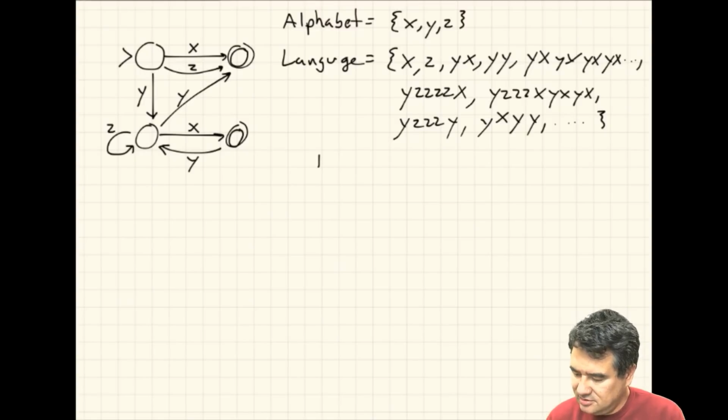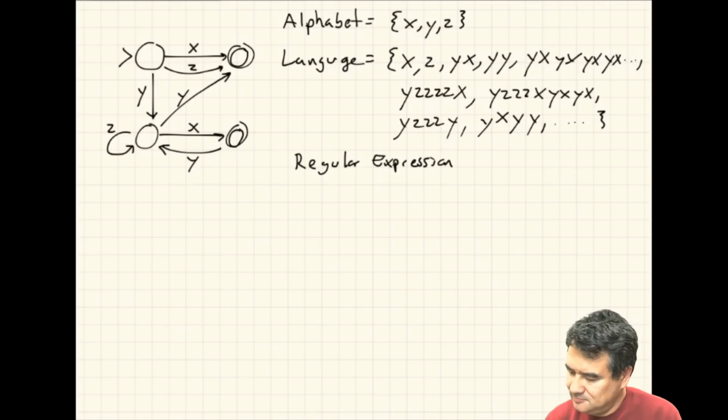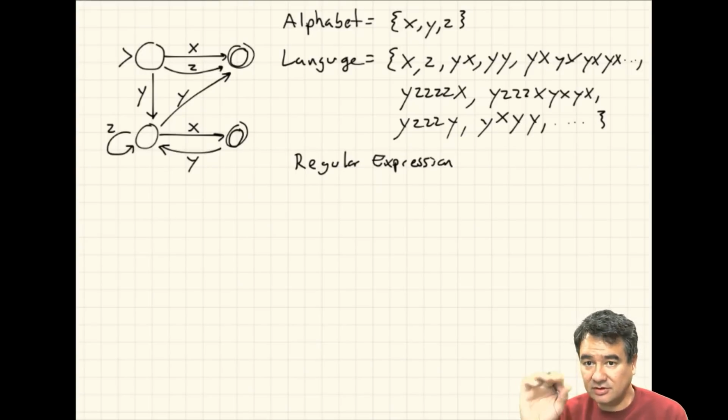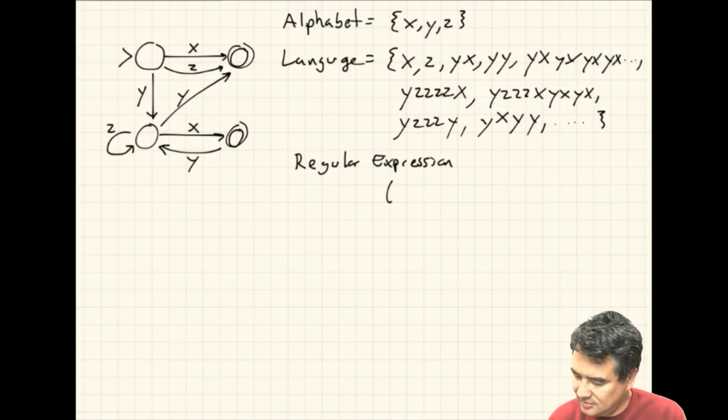Now, regular expression. This is going to be harder. So I'm going to take a stab at this. So if across the top, we've got x. Let's do it this way.